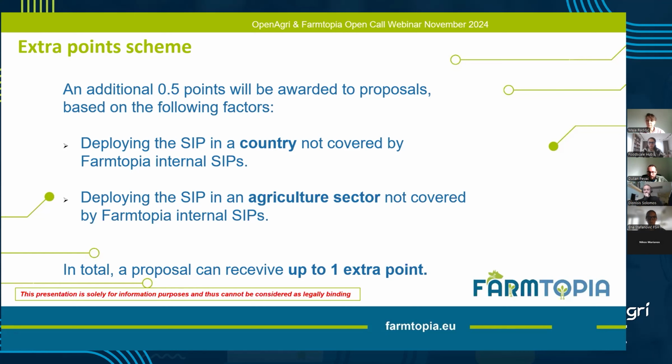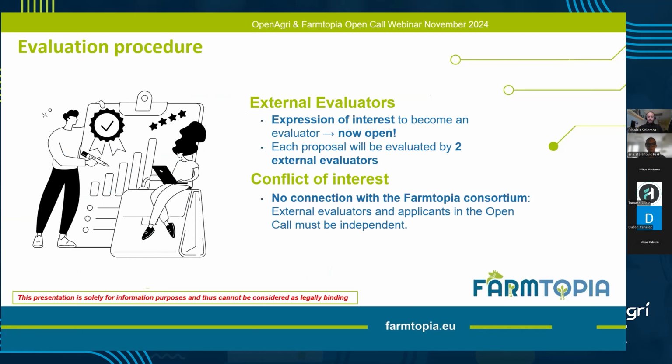So in total, if a pilot is proposing a solution in a country and in a sector that is not already covered, they will be entitled to receiving 1 extra point, which is very significant considering that the maximum amount is 5 without these extra points.